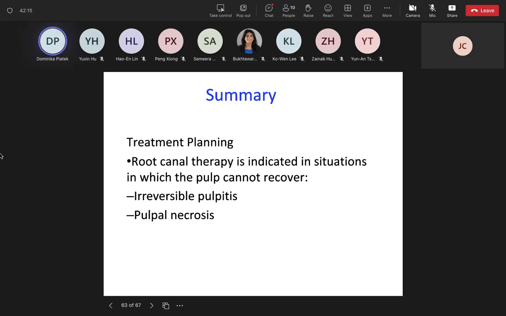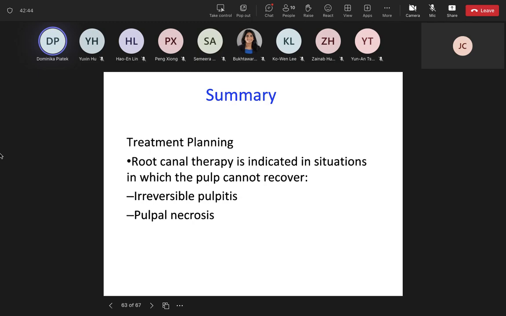And treatment planning. Root canal therapy is indicated in situations in which the pulp cannot recover. So in situations of irreversible pulpitis and pulpal necrosis. If we have situations of reversible pulpitis, depending on the stage of that, we will use some different kind of biological treatment.